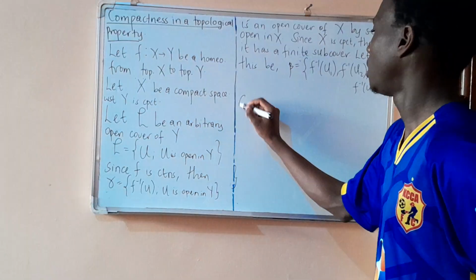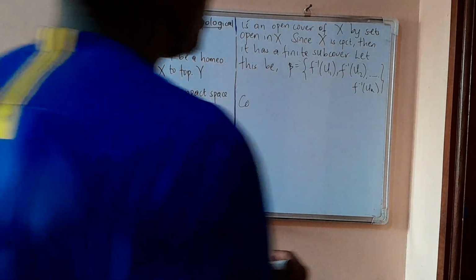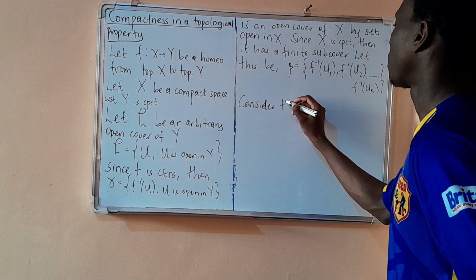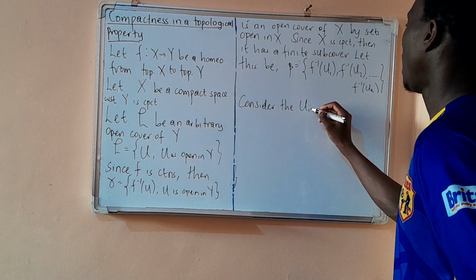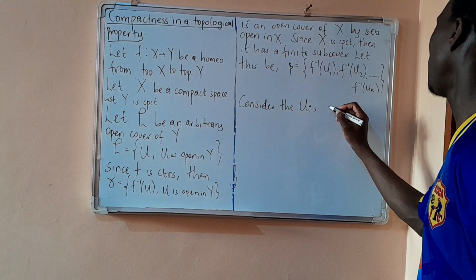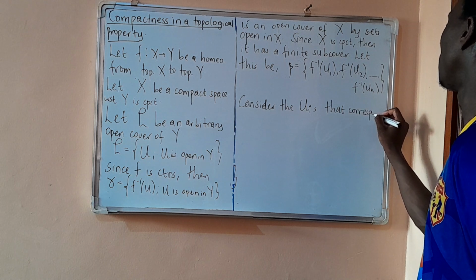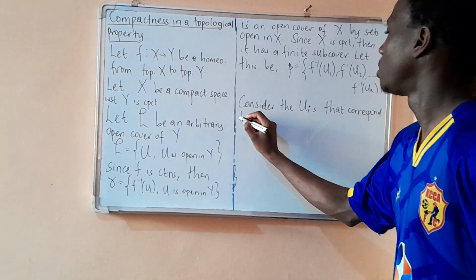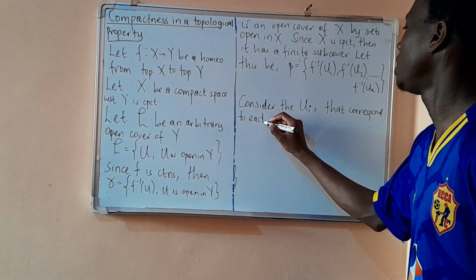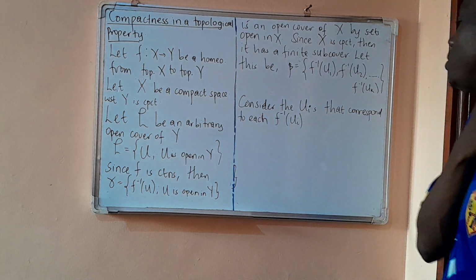Now consider the Ui's, the U1, U2 up to Uk, that correspond to each of the f inverse Ui.